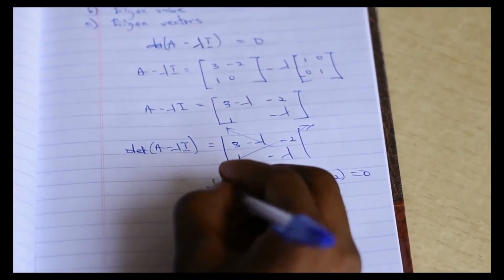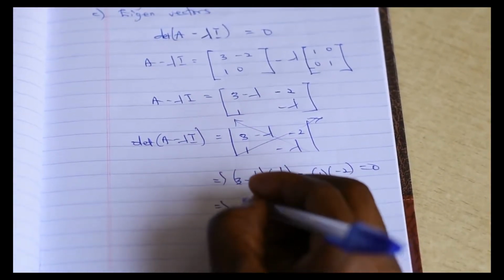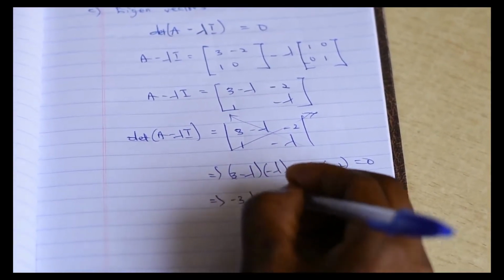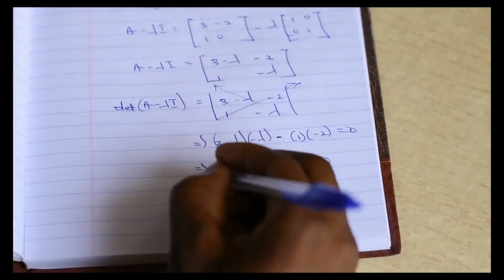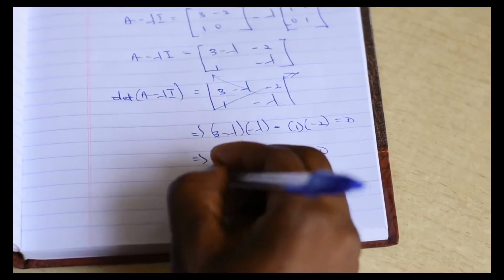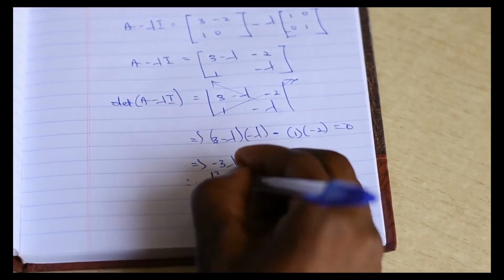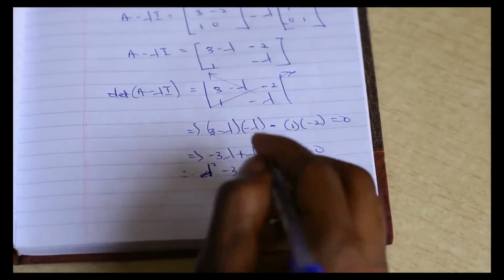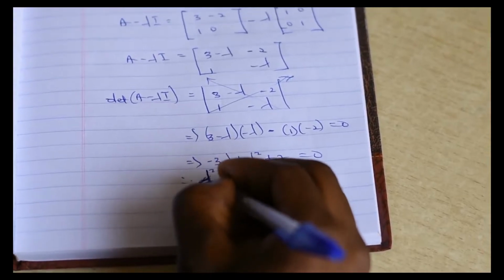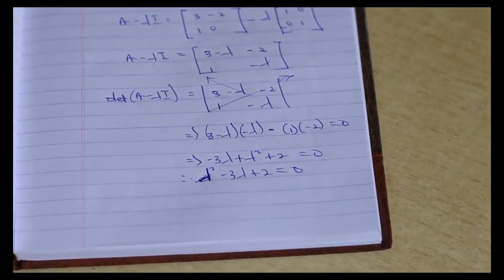In that case, we have minus 3 lambda plus lambda squared plus 2 equal to 0, and so we get our characteristic equation to be lambda squared minus 3 lambda plus 2 equals 0. This is the characteristic equation, and this equation is what is describing our eigenspace.